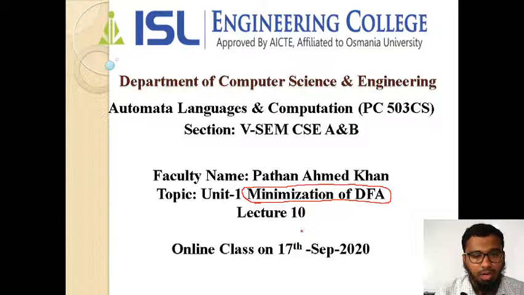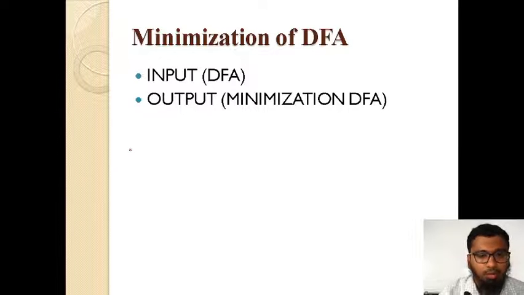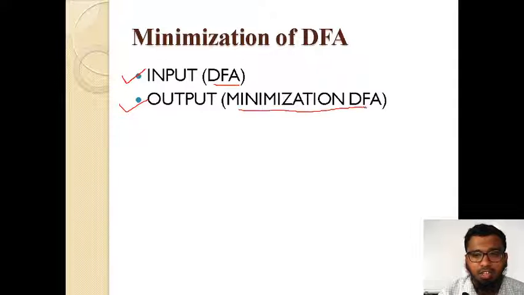What is minimization, why do we need it, and why do we do minimization on DFA? The input we take is a DFA and the output is a minimized DFA.